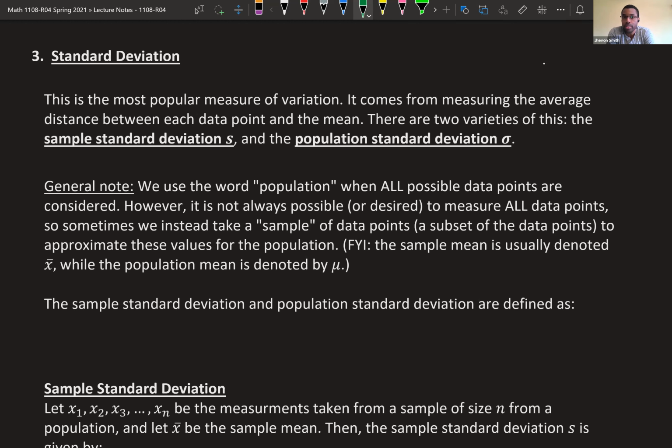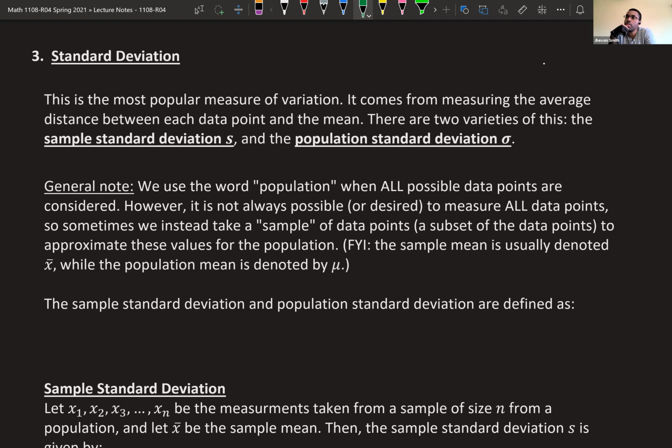So there's the sample standard deviation, and there's the population standard deviation, which, by the way, this idea of population and sample, it's more general than standard deviation. It also occurs for mean, for example. So you can look at the mean of the sample versus the mean of the population, and that's also given different notations. So if we have values x1, x2, x3, all the way up to xn, and we think of that as a sample of n data points, then the mean notation is usually x bar, x with a little bar over it.